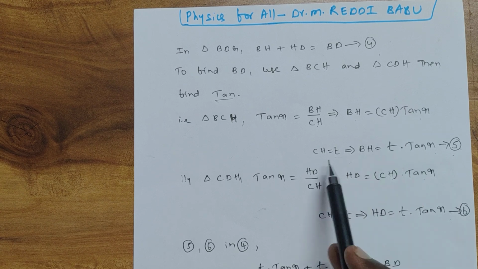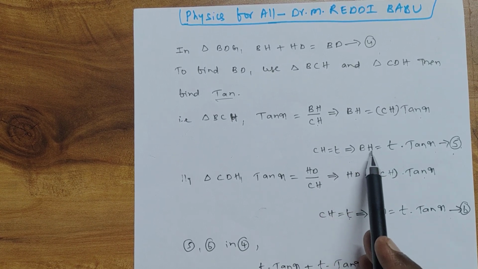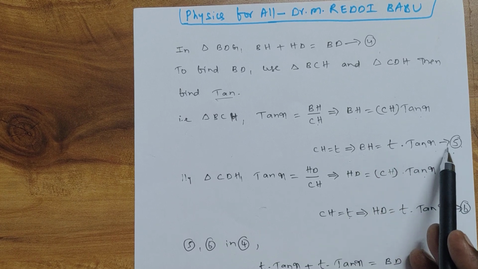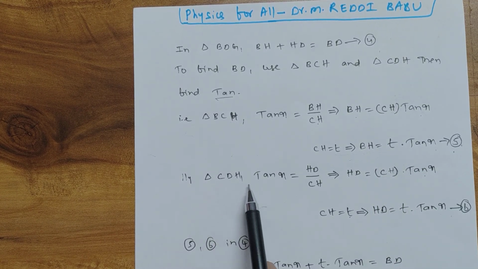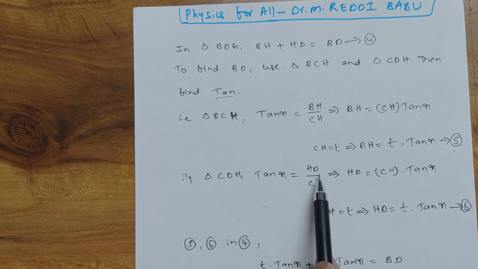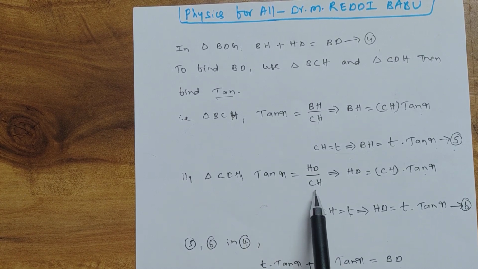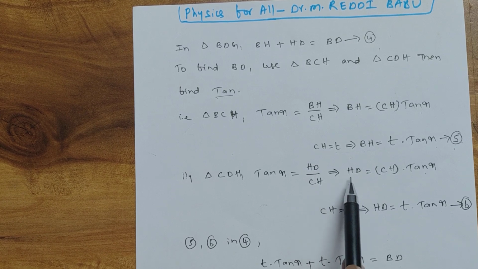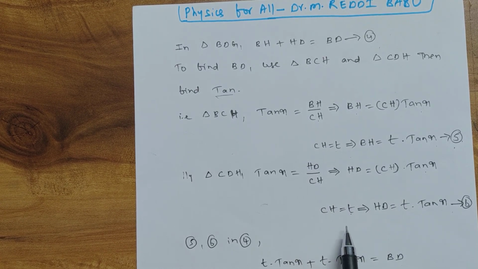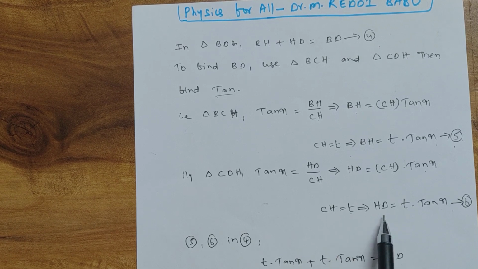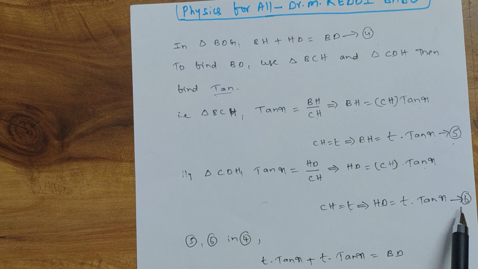Already we know that CH is equal to thickness, so BH is equal to t into tan r, equation number 5. Similarly, in triangle CDH, tan r is equal to the opposite side, HD, divided by the adjacent side, CH. That implies HD is equal to CH into tan r. Now CH is equal to the thickness of the thin film, so HD is equal to t into tan r, equation number 6.